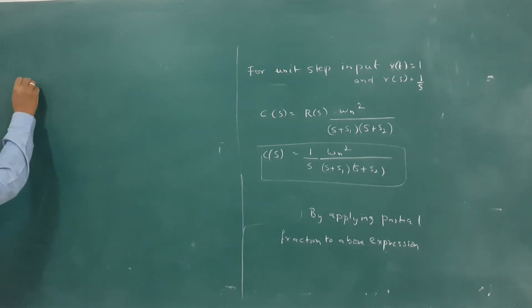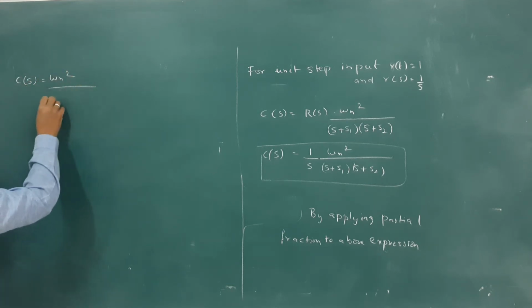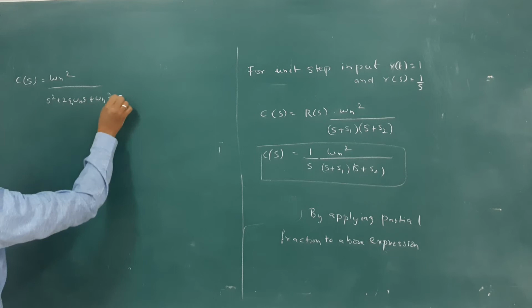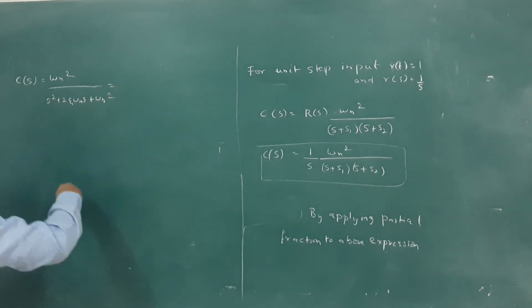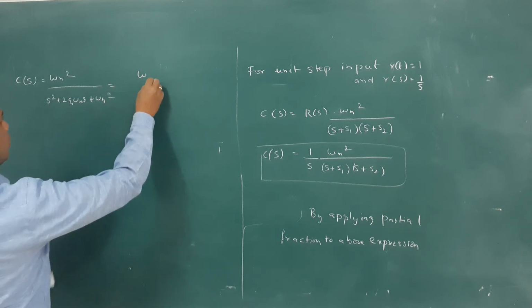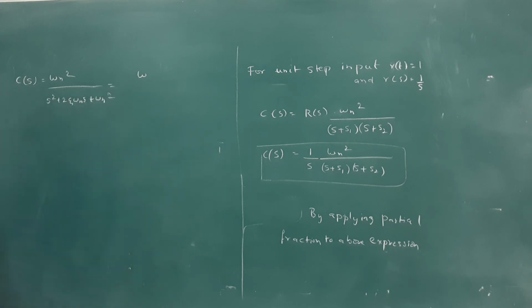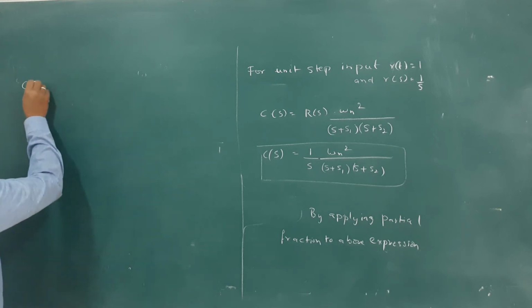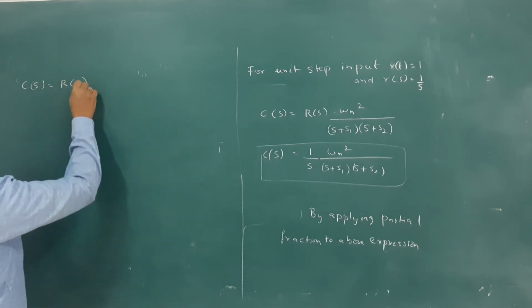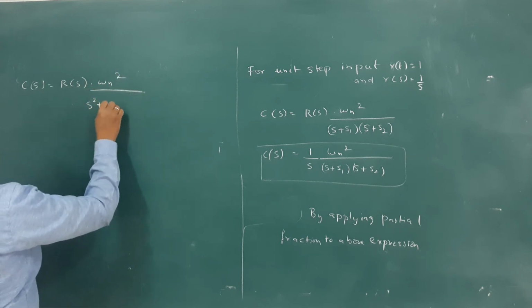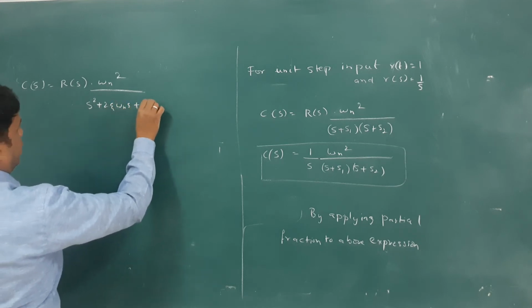C of s is equal to omega n square by s square plus 2 zeta omega n s plus omega n square. So C of s is equal to R of s into omega n square divided by s square plus 2 zeta omega n s plus omega n square.